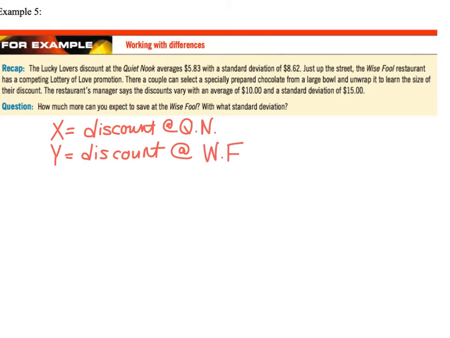So how much more can you expect to save at the Wise Fool? So expected value is our mean. So we are doing the expected value of subtracting, other way around, Wise Fool would be more. So Y minus X. And that's the same as the mean of Y minus X.